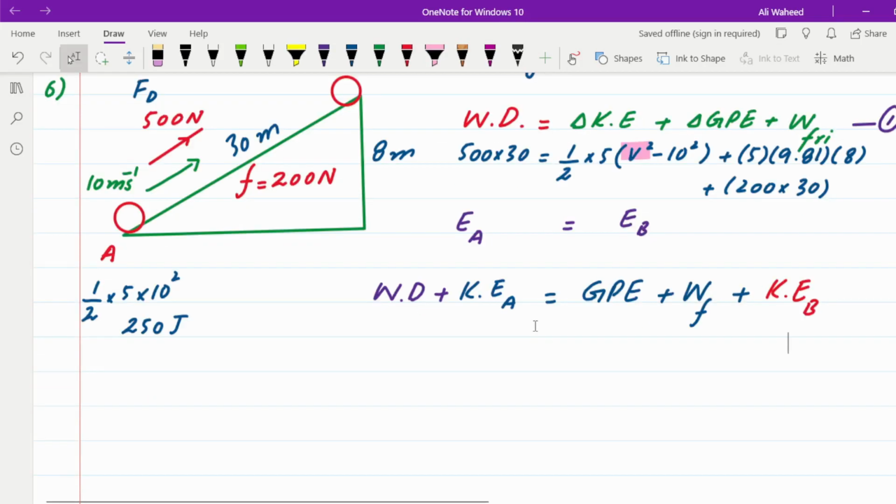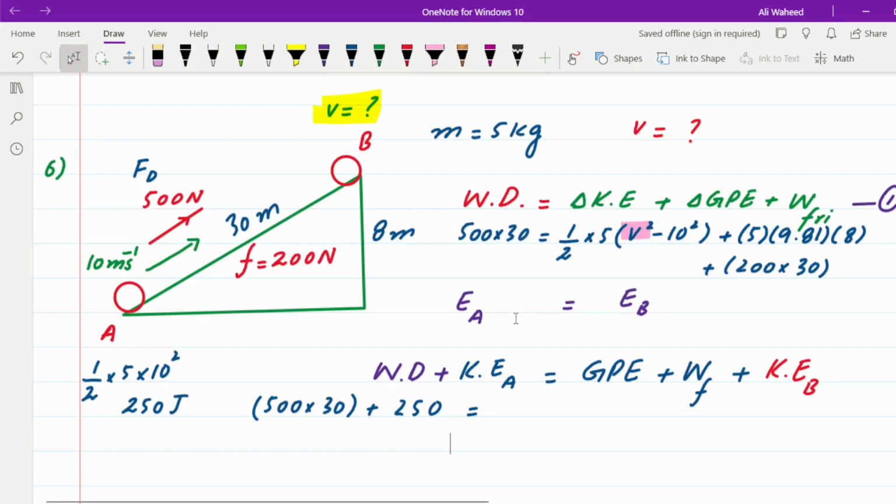So let's sort it out. What is the work done? Let me write down the expression. 500 times 30 plus the kinetic energy I already solved for, 250, equals mgh.